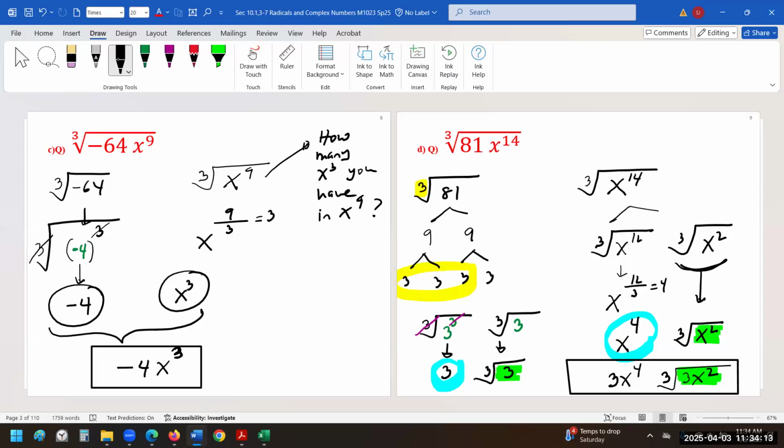We need the same number 3 times because we're dealing with cube roots. If you're dealing with fourth root, you look for the same number 4 times. If you're dealing with square root, you look for the same number twice. So depending on your index, you look for the same number that many times. We found it 3 times.